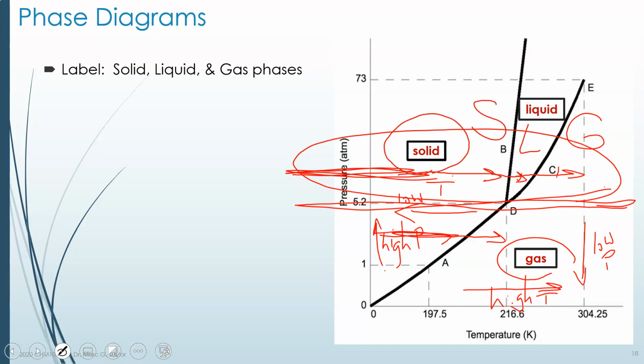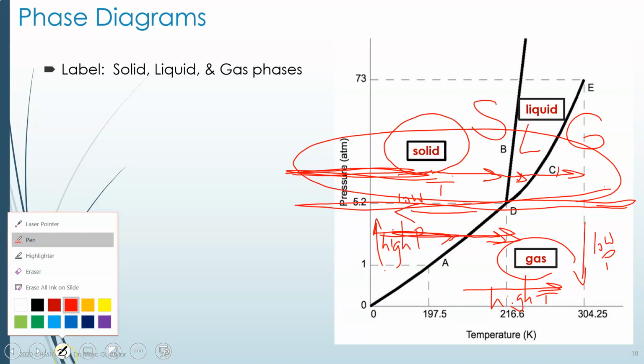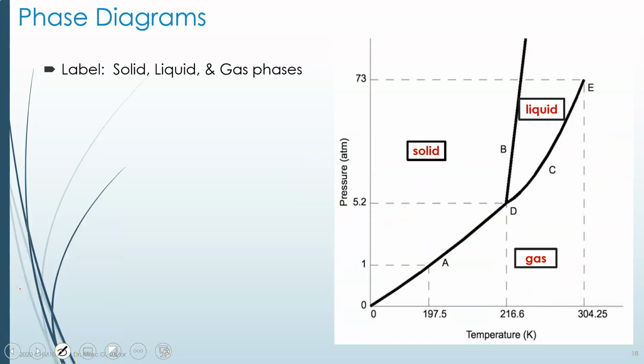Whereas carbon dioxide behaves differently. Carbon dioxide only goes from solid directly to gas. There is no liquid phase unless we increase the pressure, then we can find a liquid phase. So I'm going to clear these notes because they get a little confusing here. So those are the three phases and how to find them. Liquid will always be the one that's in between the solid and the gas.